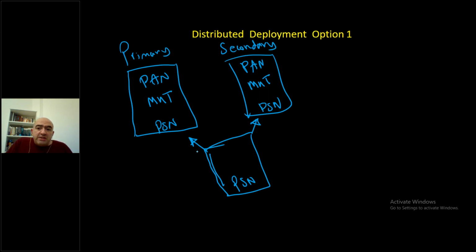Now, if the primary goes down, after a few retries the third node will understand that this primary node is offline, so it will send to the secondary, telling it, hey, you can promote yourself to be primary. We lost the connection with that guy.